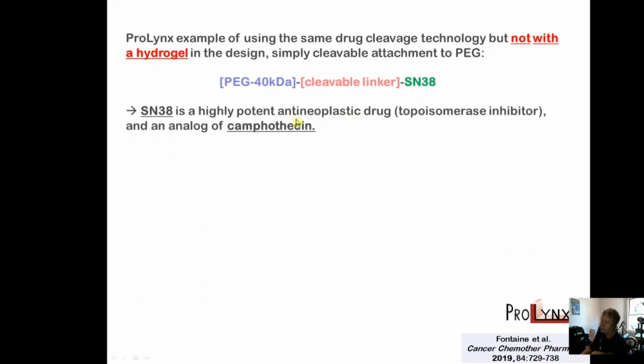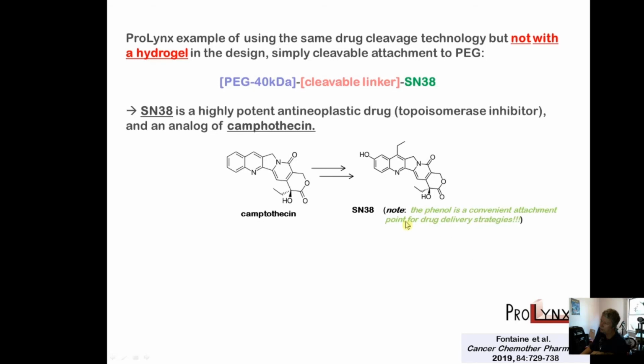It's actually a topoisomerase inhibitor, and this is one of the major drug targets for anti-tumor drugs. It's an analog of camptothecin, which looks like this. And there's a lot of drug development work around camptothecin and prodrug strategies. Through all of that, people discovered a molecule called SM38, which looks kind of similar.